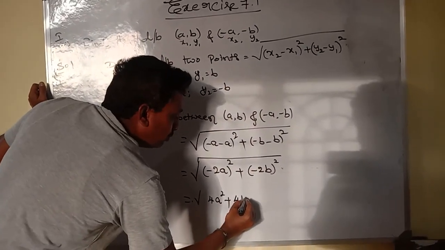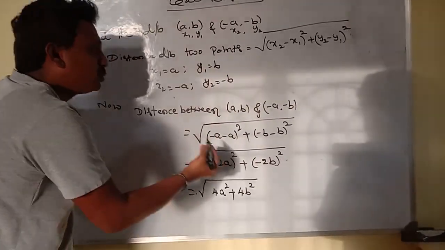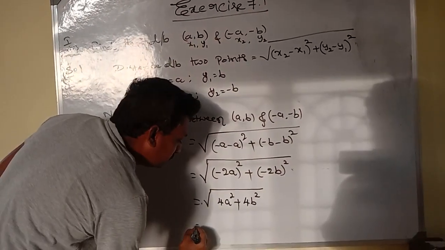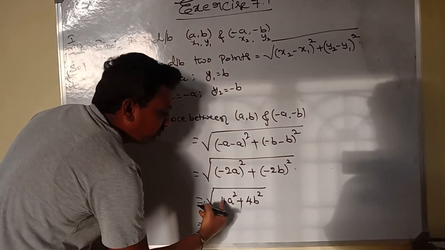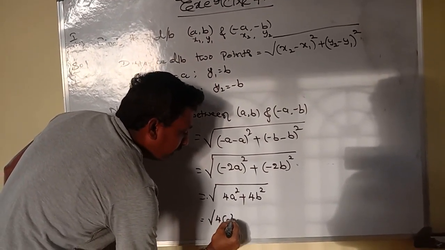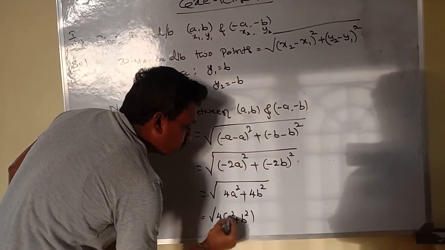That equals the square root of 4a square plus 4b square. Two times multiplication, the base. So now that equals the square root of 4 into (a square plus b square).